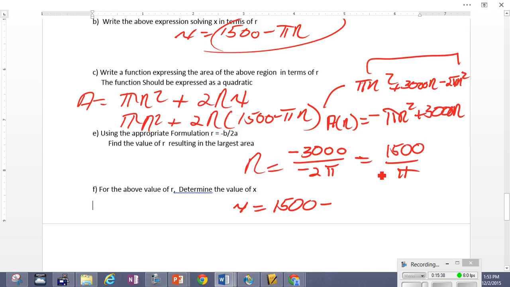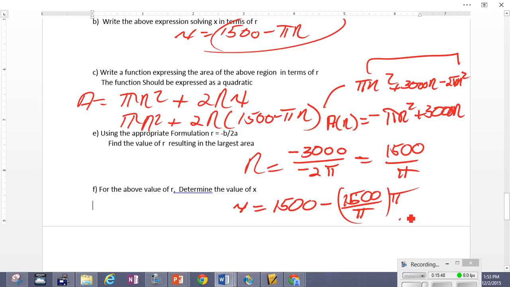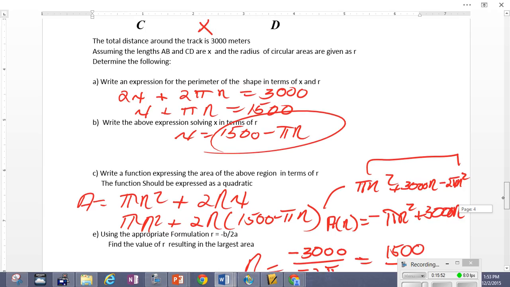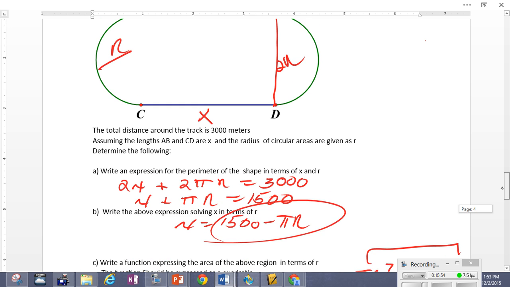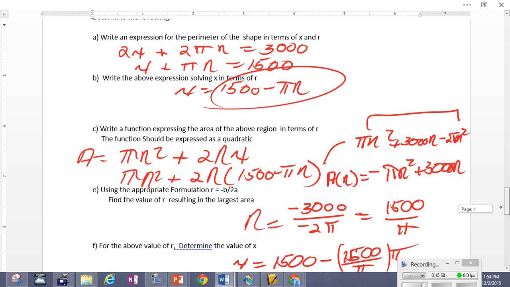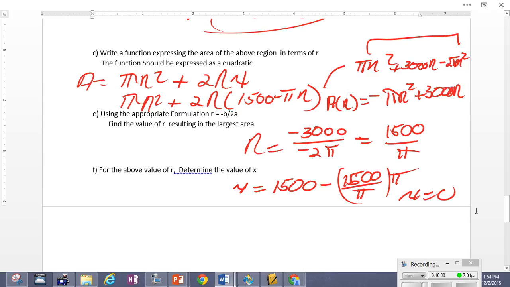So that's 1,500 minus 1,500 over pi times pi, which leaves x as 0. So oddly enough, to optimize this track, it'd have to be a circle. Not likely to be the shape, but mathematically that's how it works out. And that is your test.